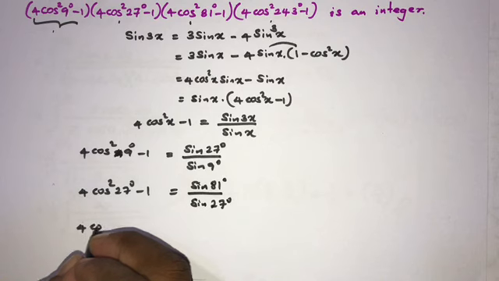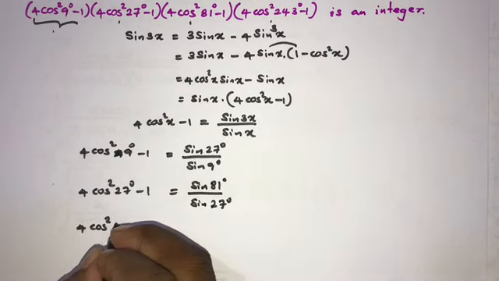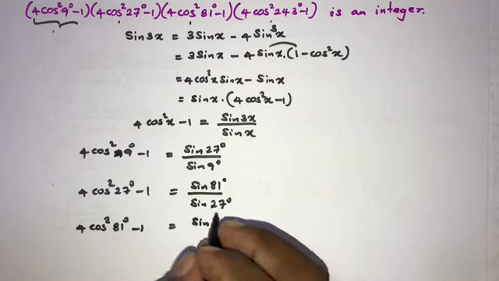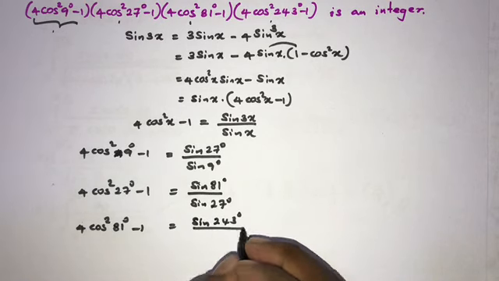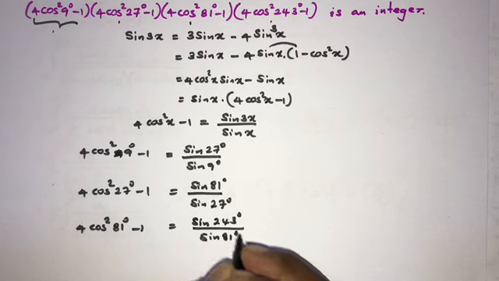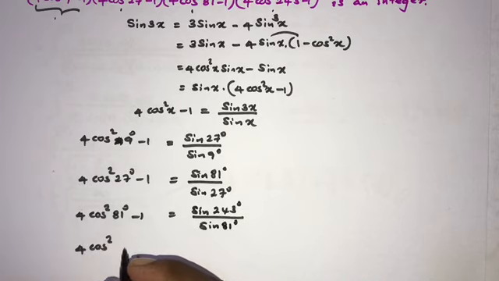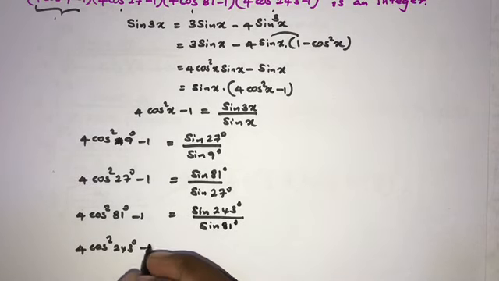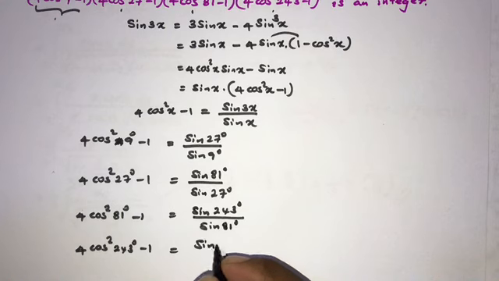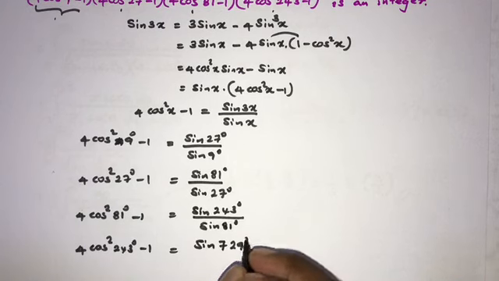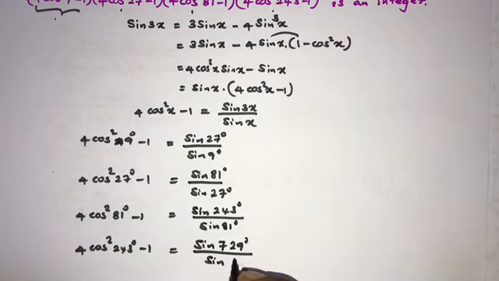Then 4 times cosine square of 81 minus 1 is equal to sine of 81 times 3, 243, over sine of 81, and then 4 times cosine square of 243 degrees minus 1 is equal to sine of 243 times 3, we know 729, over sine of 243 degrees.